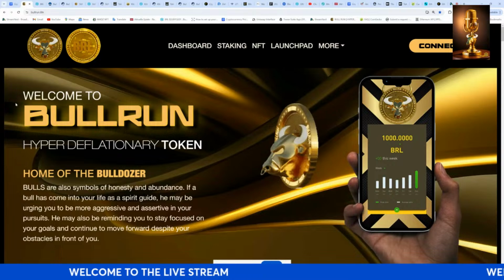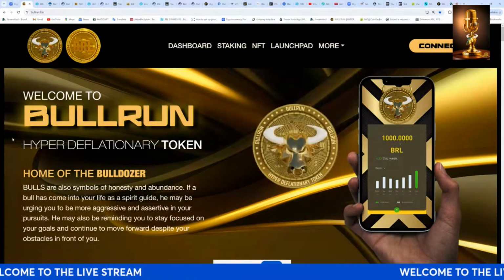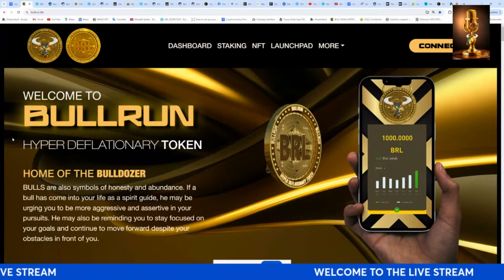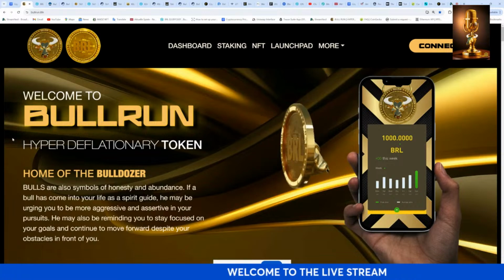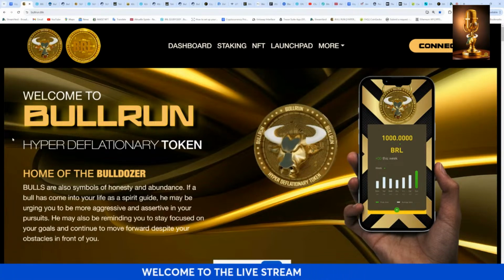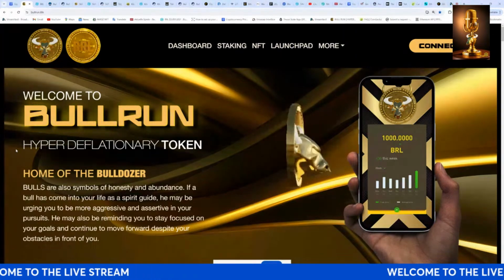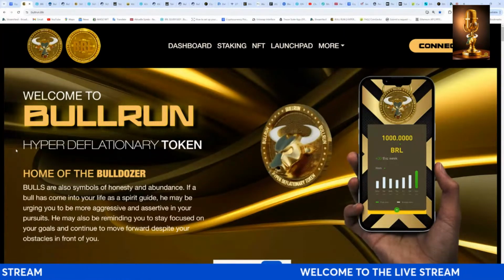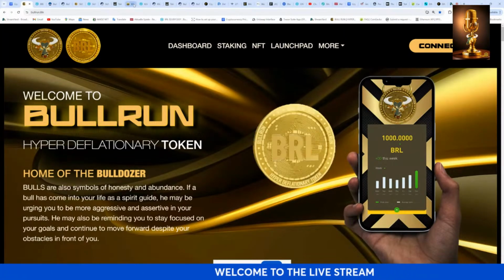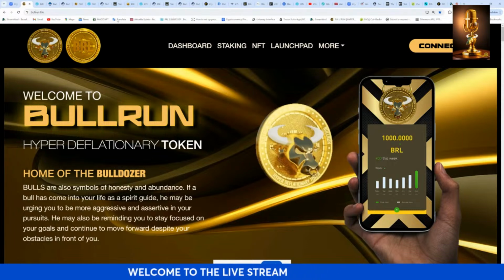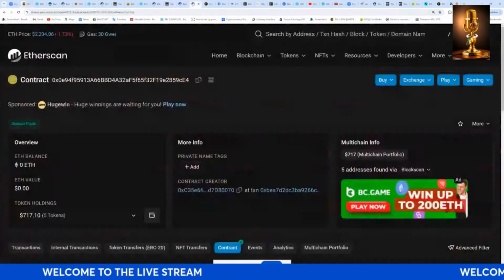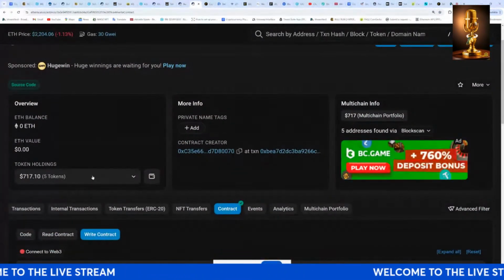Then we have the main Bullrun token, of course, that has a dual staking platform where you can stake BRL and NFTs, and also that is actually scarce in supply with every trade. The supply keeps decreasing. It sustains and retains liquidity, and it also retains USDC for those who decide to stake.